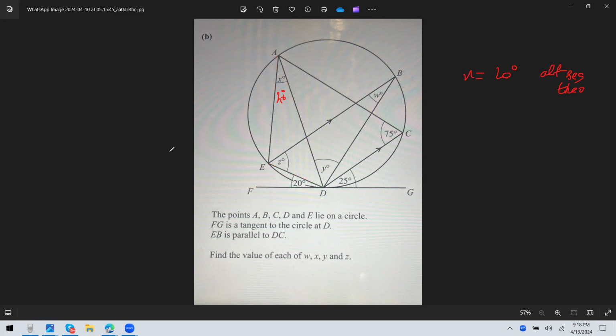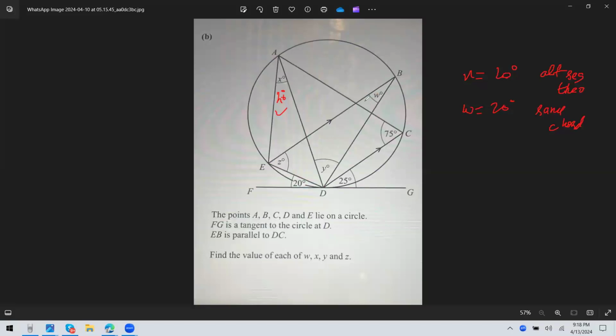We can find W. How much is W? W is also 20 because it's the angle by the same chord. ED is making the angle W and X. So we have two angles by the same chord.